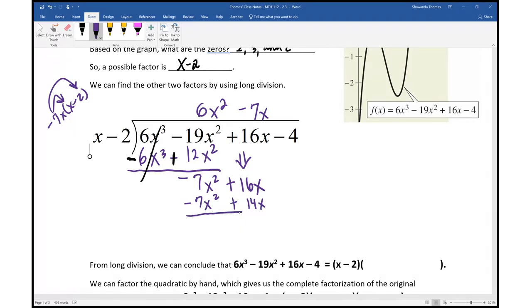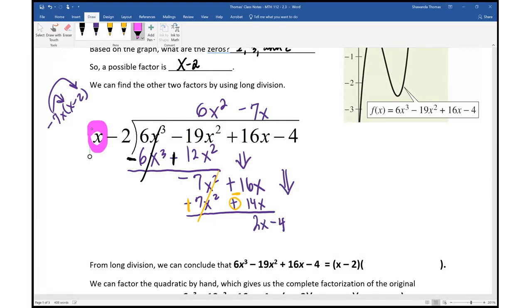And then again, like long division, we subtract. In this case, we change the signs. So we make that negative a positive, and this positive a negative. That cancels, and we get 2x here. Now it's time to bring down that last term and start back over.